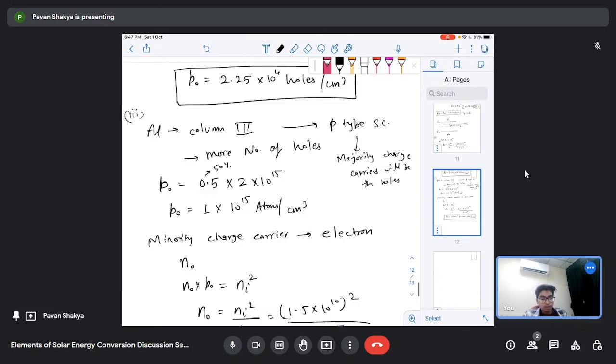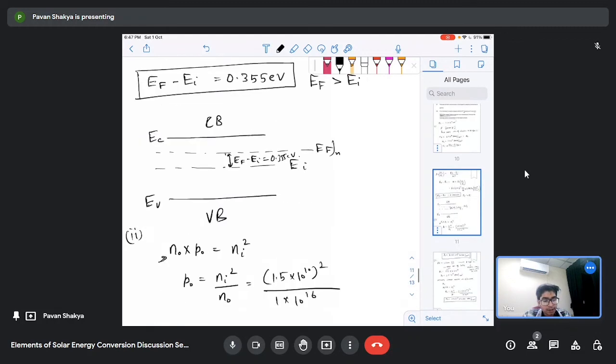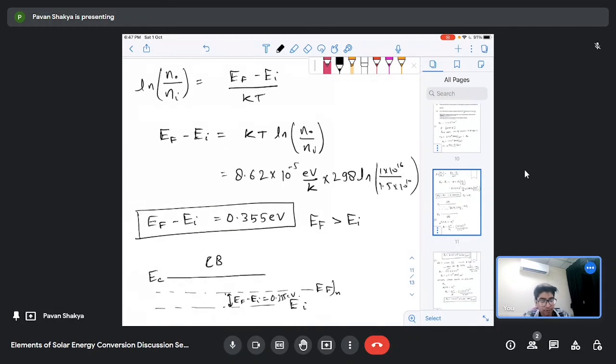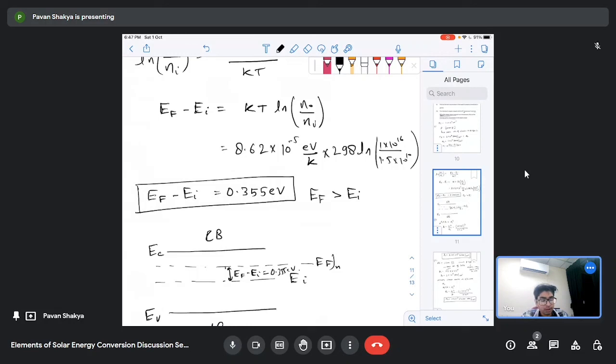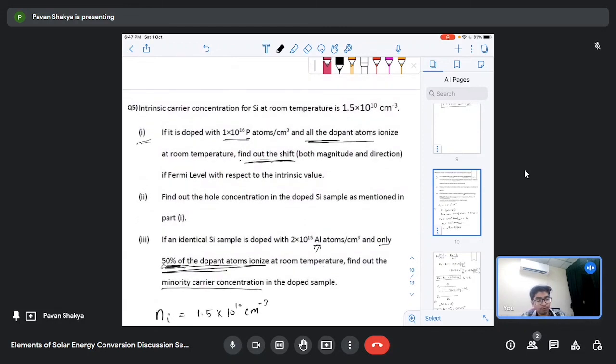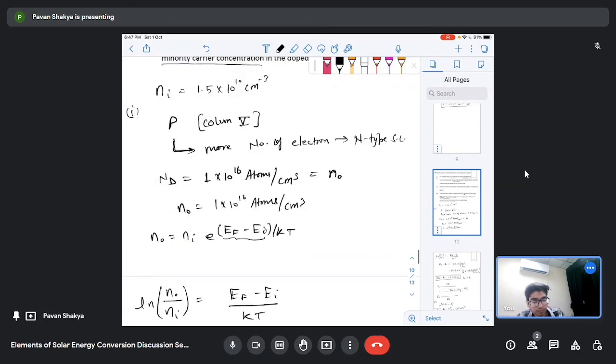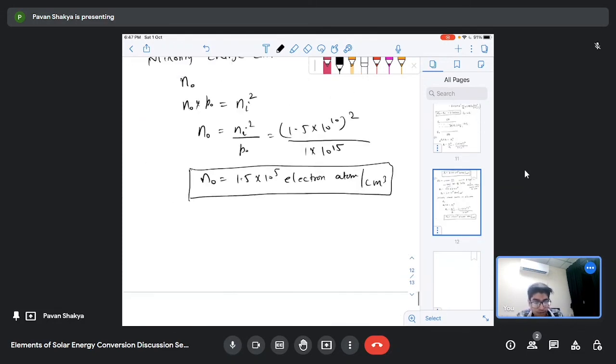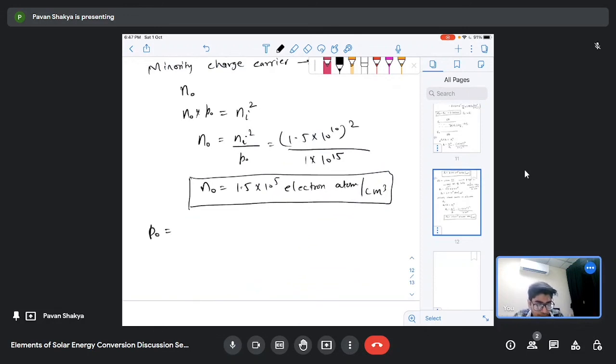Now, as in the first part, we can find out the shift of the Fermi energy level. Although it has not been asked in this problem, we can compute the shift for this aluminum doped semiconductor. The formula will be P0 is equal to Ni e to the power (Ei minus Ef) divided by kT.